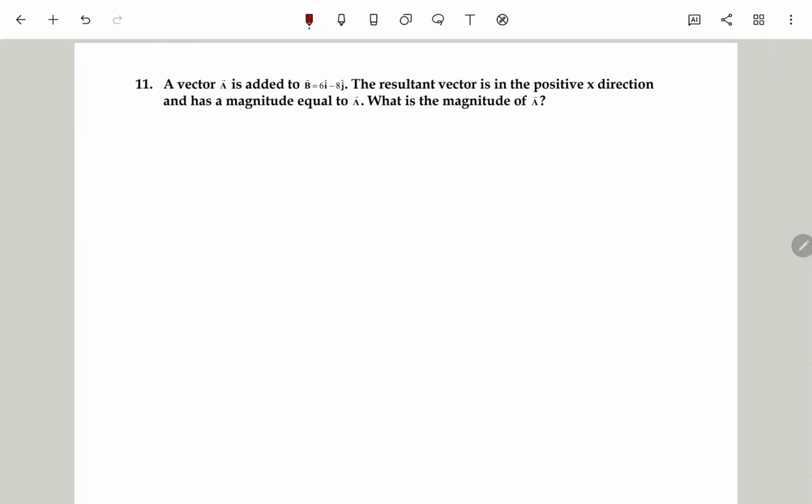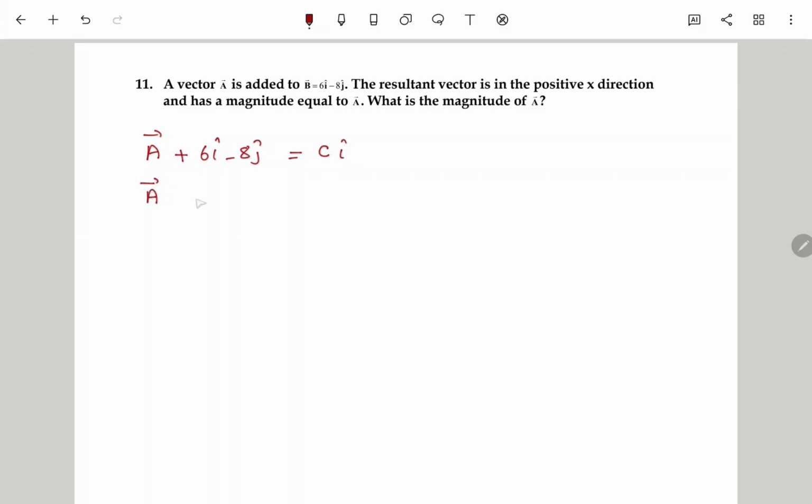A vector A is added to vector B, 6i hat minus 8j hat. The resultant vector is in the positive x direction and has a magnitude equal to vector A. What is the magnitude of vector A? Now, vector A is added to vector B, 6i hat minus 8j hat, and this equals c i hat.